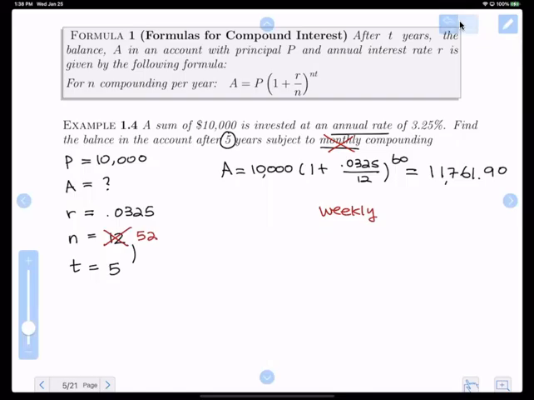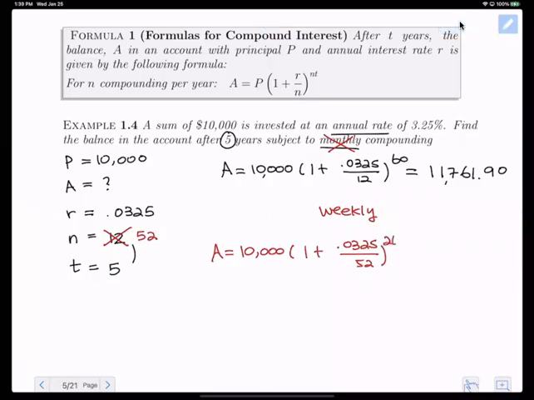So A equals 10,000 times 1 plus 0.0325 over 52, to the power 52 times 5, which is 260. Let's see: 10,000, 1 plus 0.0325 over 52, to the power 260. It's 11,763.89.